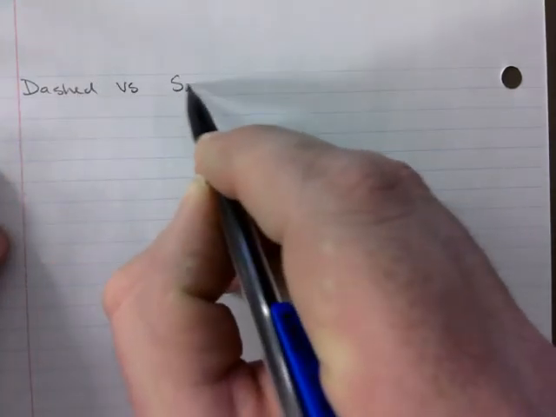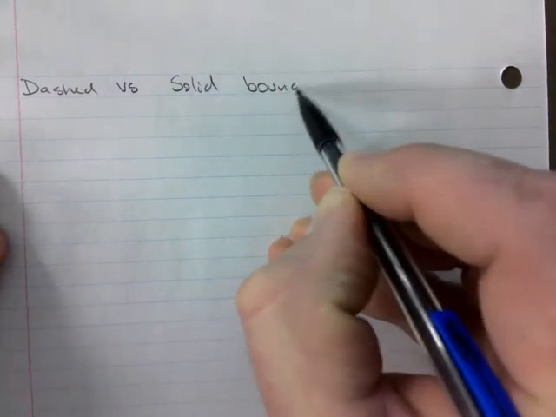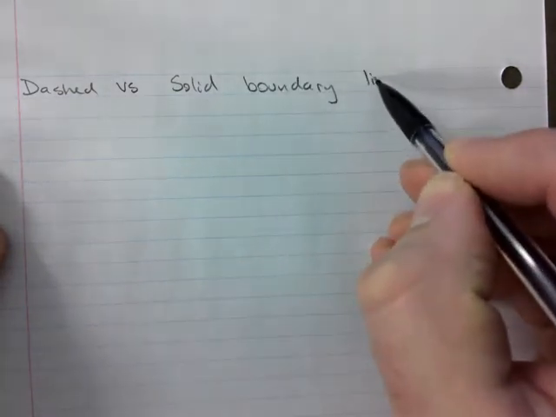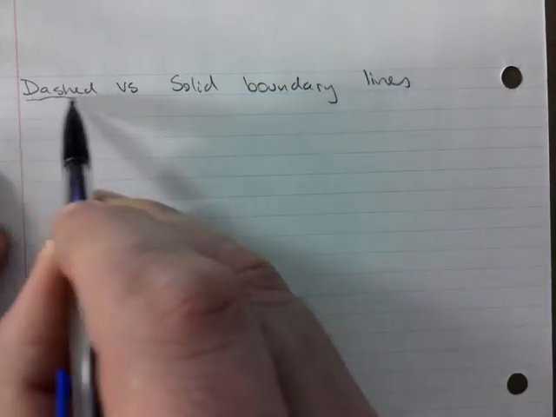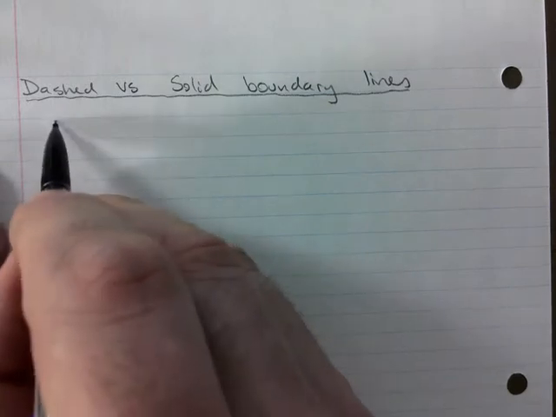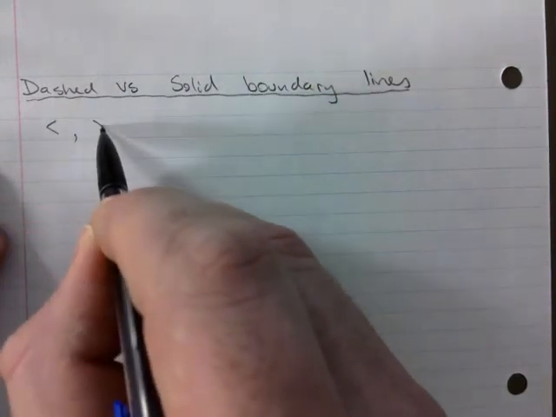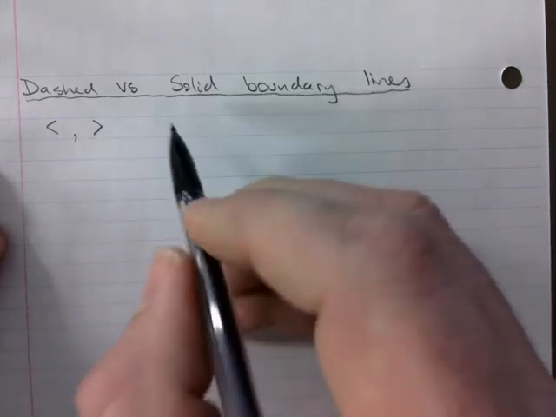Good. I'm going on the back side here. Dashed versus solid boundary lines. If you have this or that, it's a dashed line.